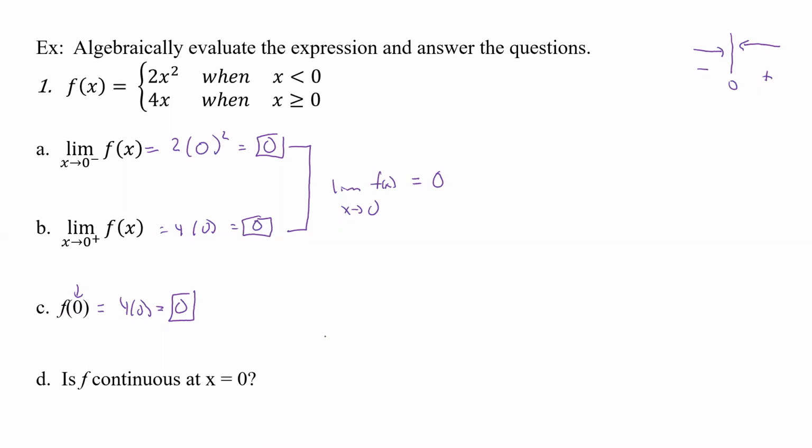So is it continuous? Well, it meets all three conditions: the limit exists, f of 0 exists, and f of 0 is equal to that limit. So yes, all three conditions are met, and it is continuous. All right, that's all I have for section 1.3.